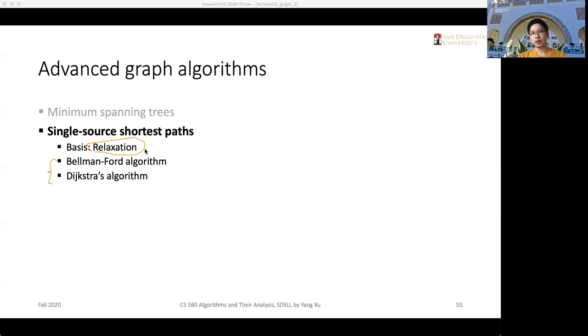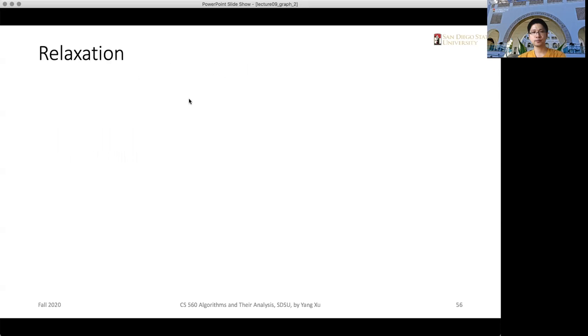Okay, it's like a repeatedly run algorithm that calls one operation many times until all the edges have been covered. So let's look at the definition of relaxation and why it will help us find the shortest path.